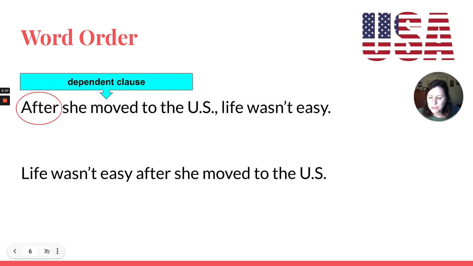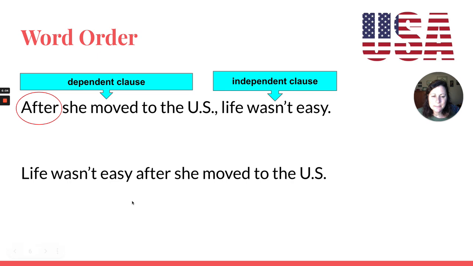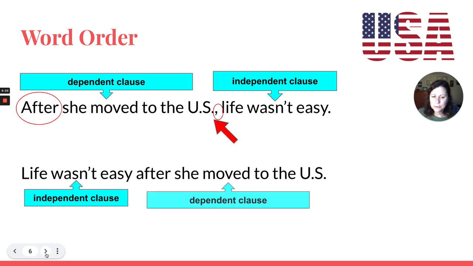After she moved to the US, I have my dependent clause, and then I have a comma, and then I have my independent clause. Actually, in English, for this type of adverb clause, you can change the word order. I can bring this independent clause to the beginning of the sentence. Life wasn't easy after she moved to the US. So I can switch. I can bring this one to the beginning, and then the dependent clause will come second.